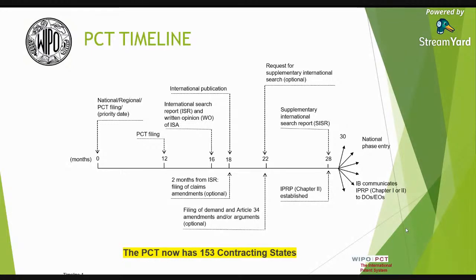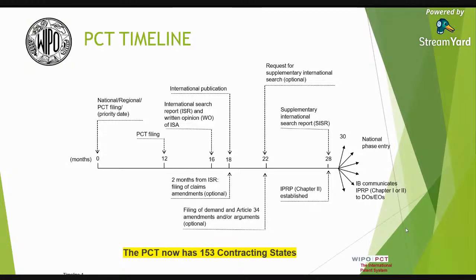Now there are 5 or 6 countries which are designated as international search authority. US and Europe are the leading search authorities because they have advanced patent search systems, so people usually prefer them. But there are some other search authorities which are cheaper and yet good, like Austria, or India, which is also getting ready to be an international search authority.